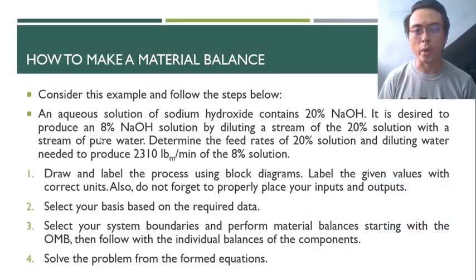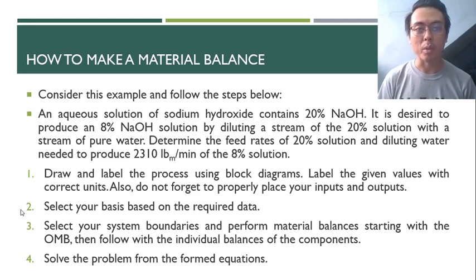Okay, by the way, let's go through these steps. So step number one is draw and label the process using block diagrams. We have done that. And label the given values with correct units. We have also done that. Also, do not forget to properly place your inputs and outputs. So the direction of the arrows here are very important.